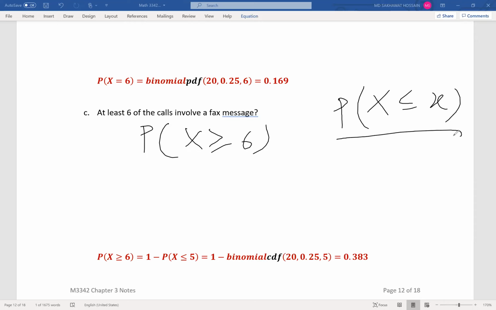So how can we calculate this probability? Anyone? How can we find the probability using a calculator or a spreadsheet? Can anyone tell me?